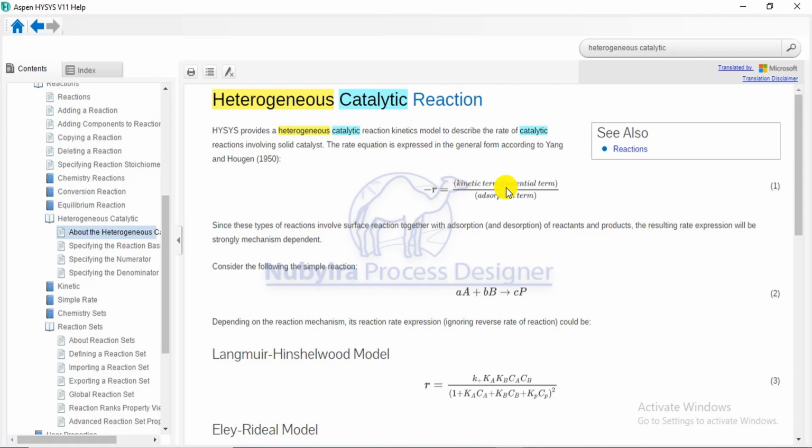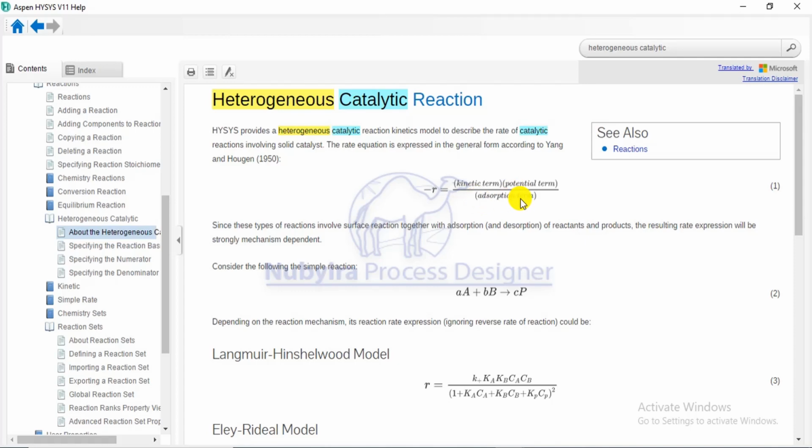Then you have the kinetic term, the potential term over the adsorption term. The adsorption term comes into play because the process involves a catalyst. So this adsorption term caters for the involvement of the catalyst in the reaction. That's why you have the adsorption term.